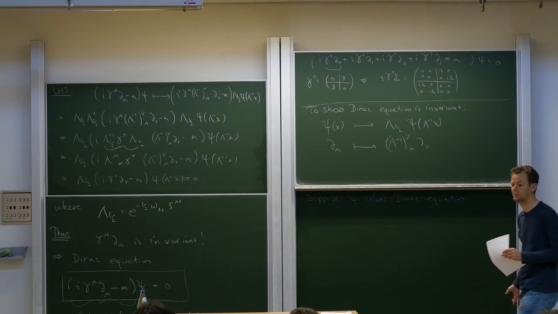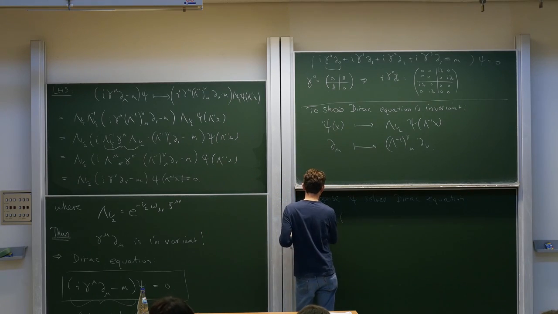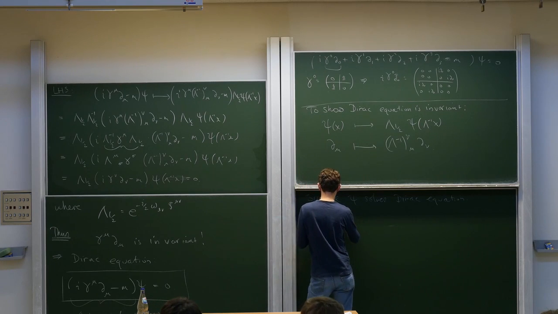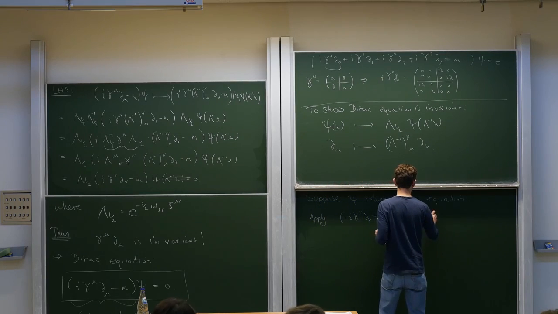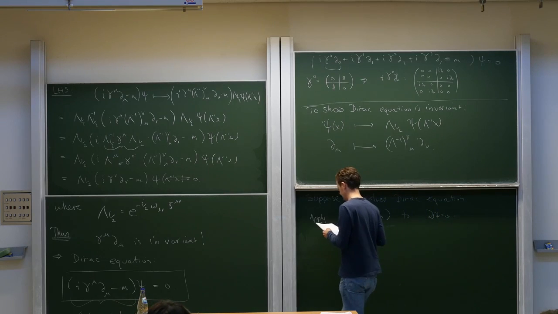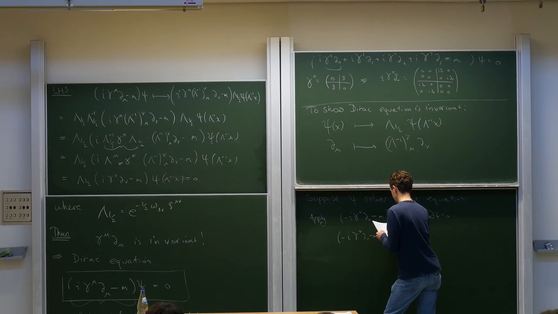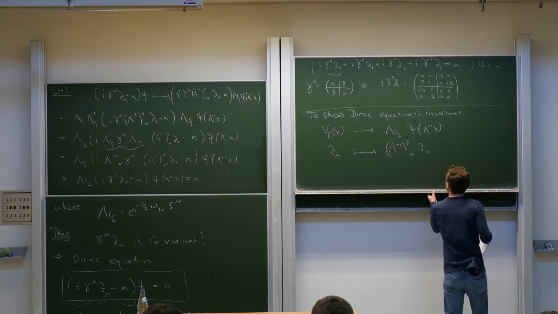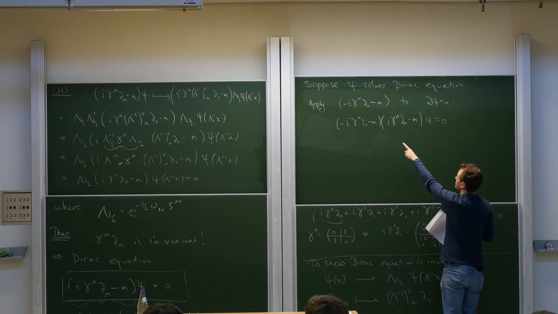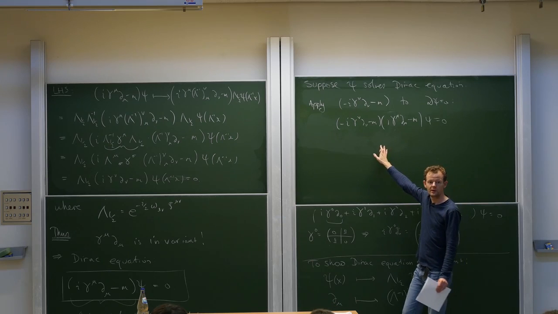Well, we're free to multiply our solution by whatever operator we like. So it's certainly a true statement that if psi is a solution to the Dirac equation, that's 0. So applying whatever we like to 0 will always give us 0.